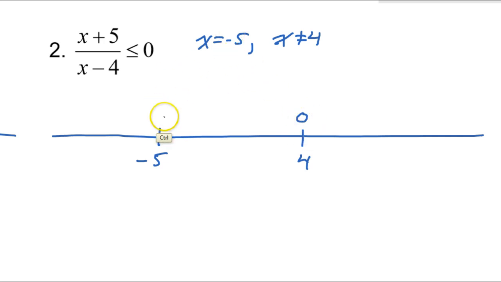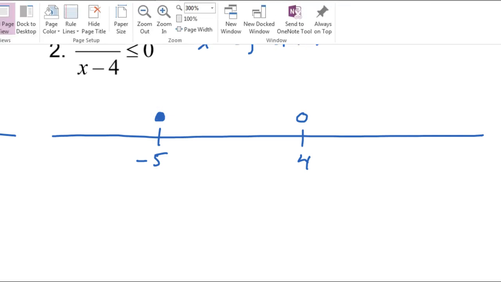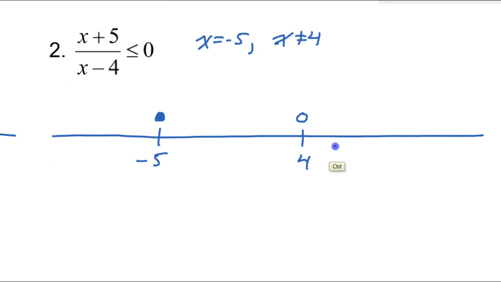The other value is going to depend on whether or not there's an or equal to sign. So this will be a closed circle at -5. So it's time for me to test each interval. In the first interval, I will check f at -6. In the middle interval, I will check f at 0. And in the last interval, I will check f at 5.